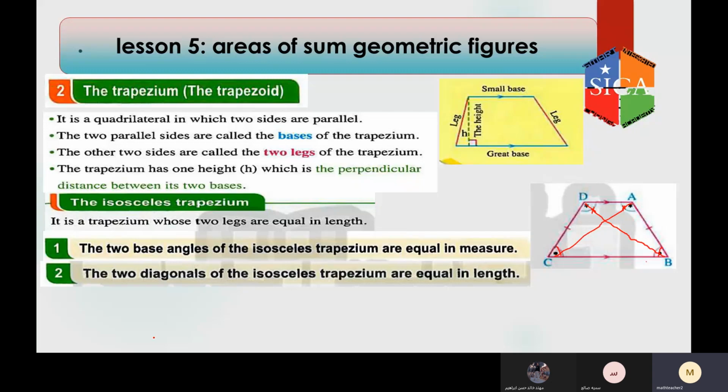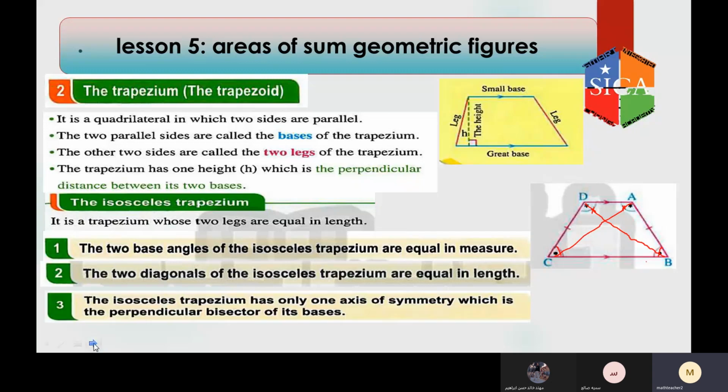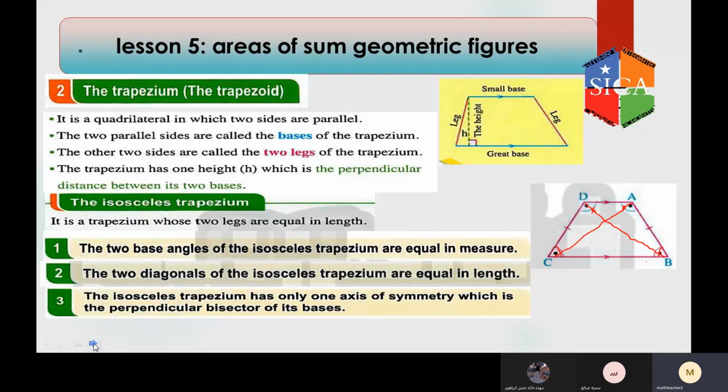The base angles, what did we say? Equal in measure. And here the isosceles trapezium has only one axis of symmetry, which is perpendicular to its bases, from its middles, which is the perpendicular bisector of the two bases.